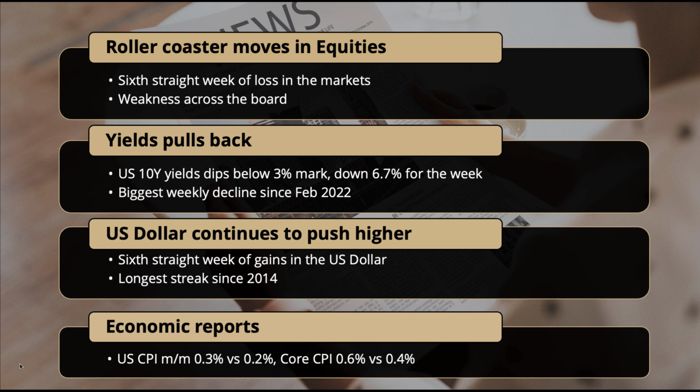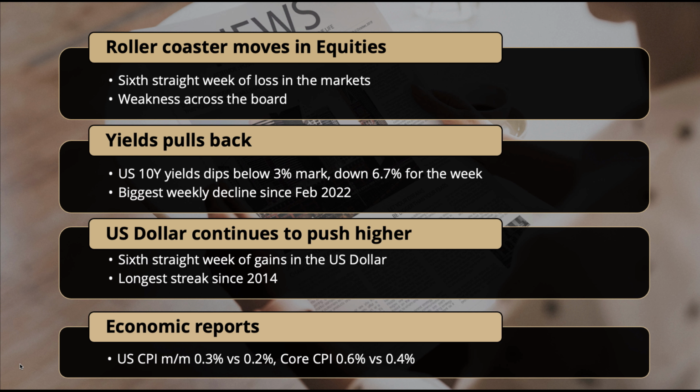So we are down 36.7% for the week in the yields, the biggest weekly decline since February 2022. This is where I always like to look at these dates, because these are what we call turning points. If something hasn't happened in a while and you see it take place, is that a point of reversion? Is that a point of inflection? That's something we have to consider as well.